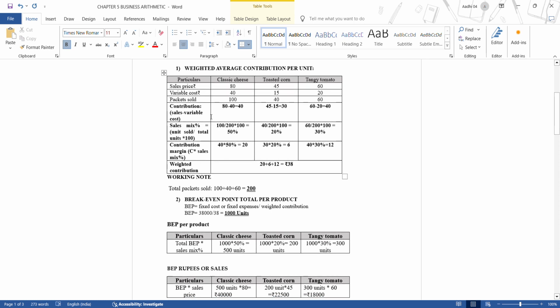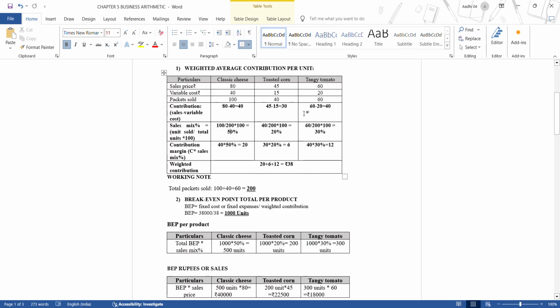So the first step is you have to find contribution. The formula to find contribution is sales minus variable cost. From there, since our question does not have any sales mix percentage, you have to find sales mix percentage. To find sales mix percentage, the formula is units sold by total units into 100. Once you find that individually, the next step is contribution margin.